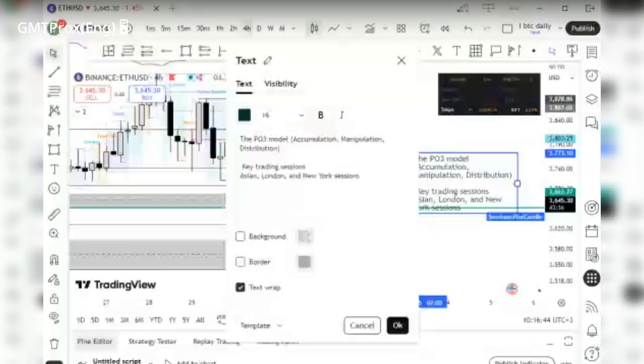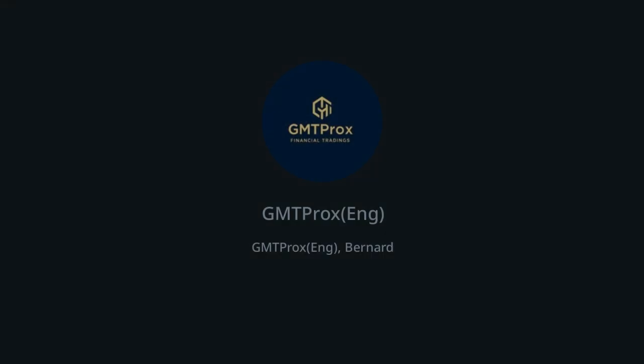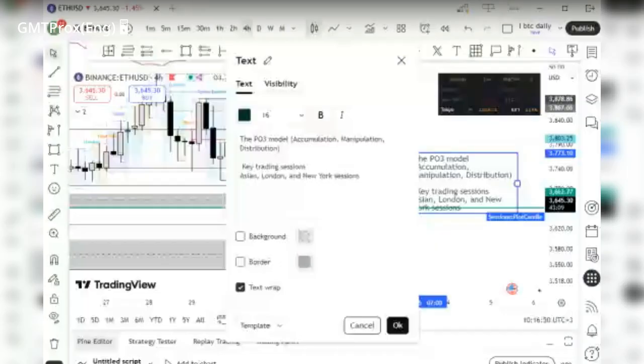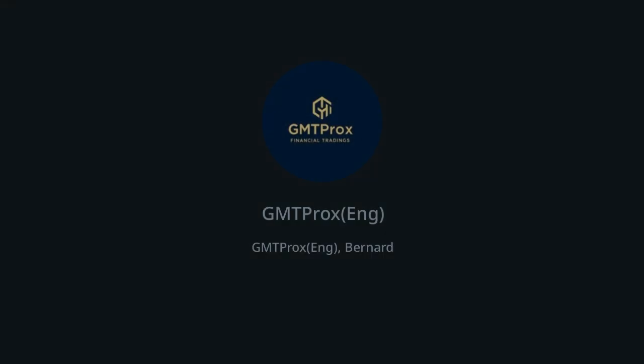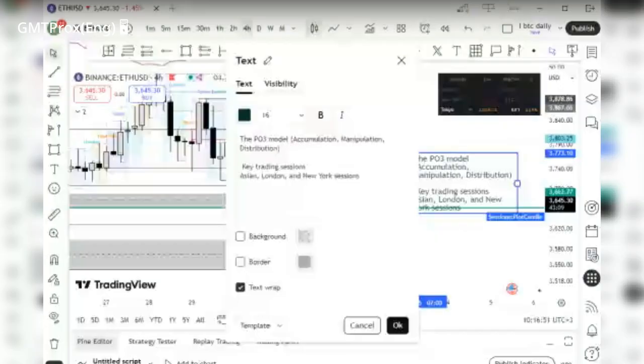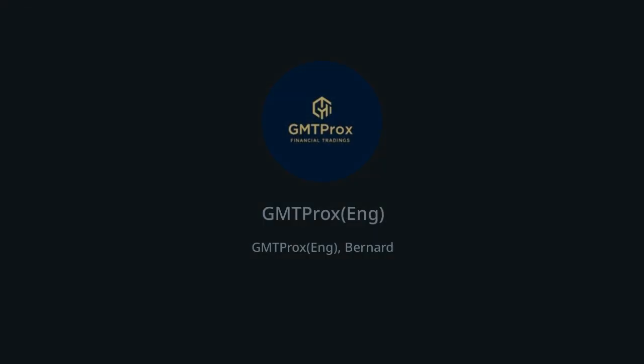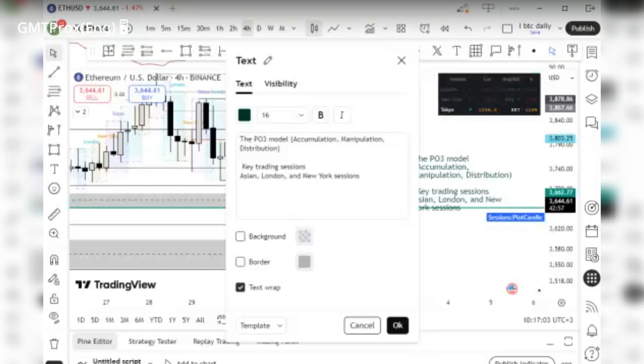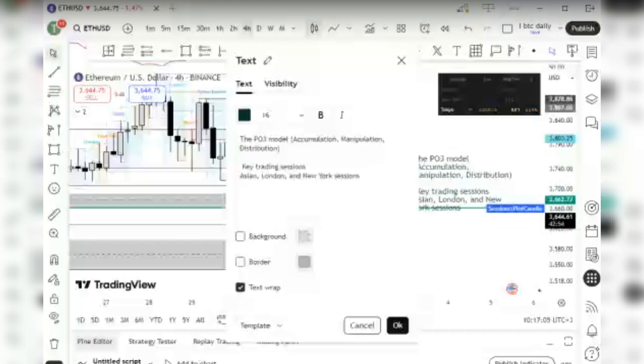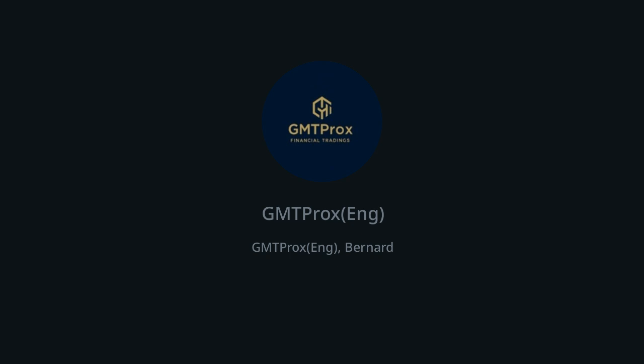Now we have time between one session. So you also have to identify the specific time between one session.